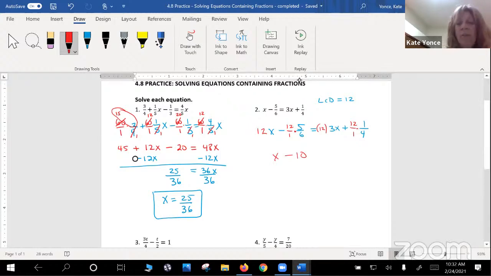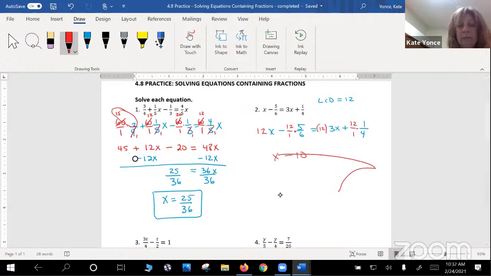I'll let you guys go from here. I was just trying to make sure you understood that. Wait, what do you have so far? So I have what you said, the 12x minus 10 equals 36x plus 3. Yeah, and then we would combine the like terms, which is 12x and 36x, which gives you 48x.